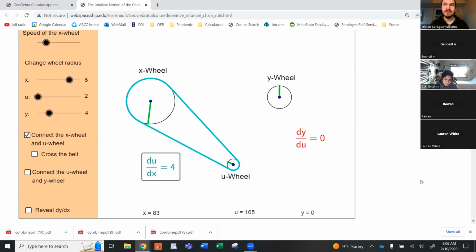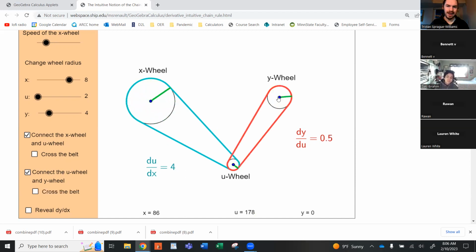Now, the idea of the chain rule is when you have a chain of dependence. So now we're going to bring in the y variable and connect the u wheel and the y wheel. Now the change in u is causing a change in y, right?